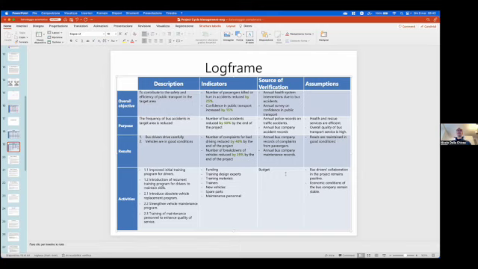So this is basically the idea of the different components of the logical framework. Then we will see more in detail the reasoning behind the identification of the assumptions.